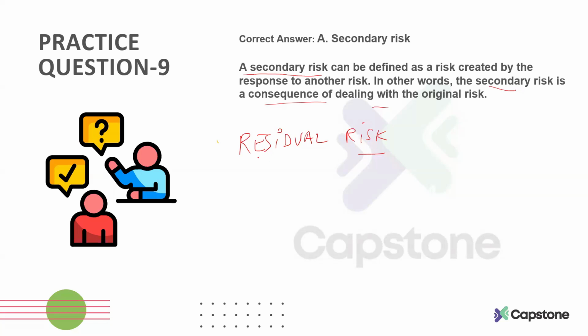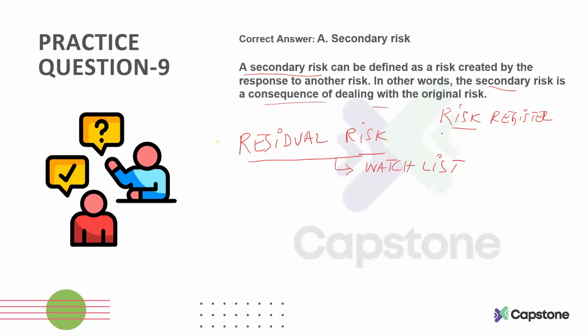But again, these residual risks, you keep them in your watch list. I hope you understand that for the risks we have a risk register, where we document or list all our risks, their risk responses, and all the details related to each and every risk.